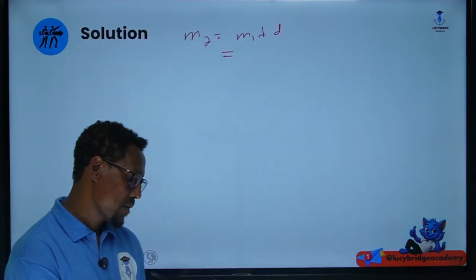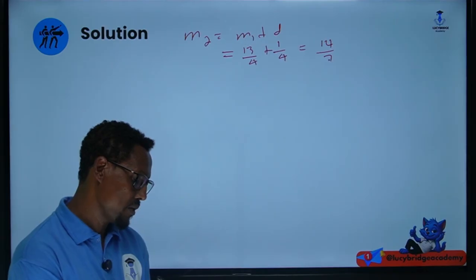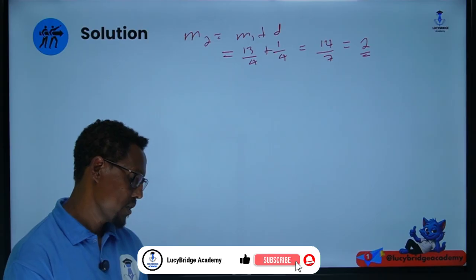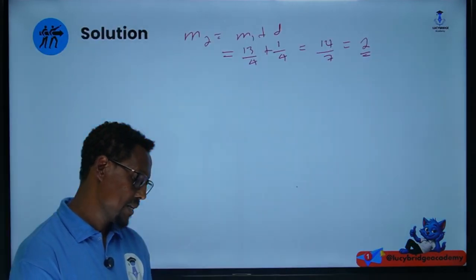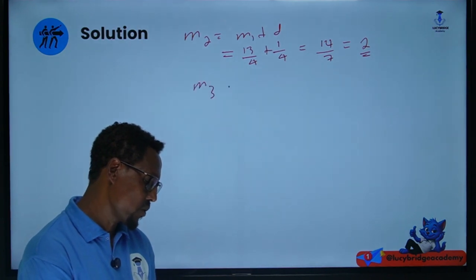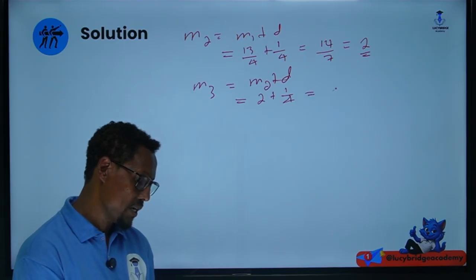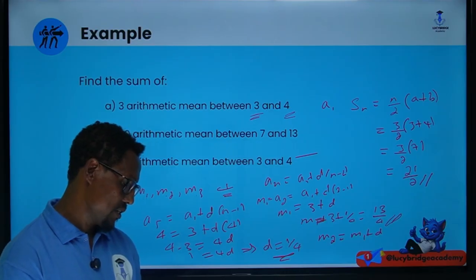Okay, 13 over 4 plus 1 over 4, which is equal to 14 over 4, or simply 7 over 2. Yes, and next M3 is equal to M2 plus D. How much is M2? 7 over 2 plus D, which is 1 over 4, which is equal to 9 over 4. Yes, the three terms.